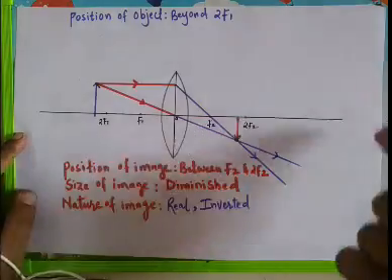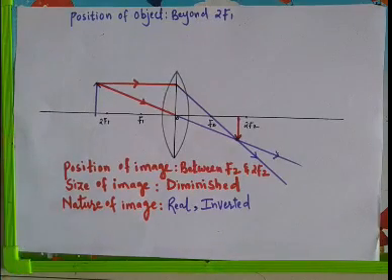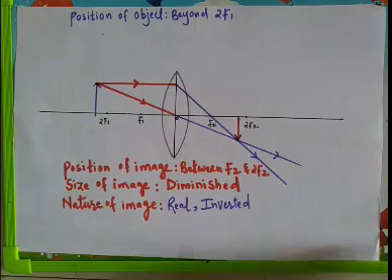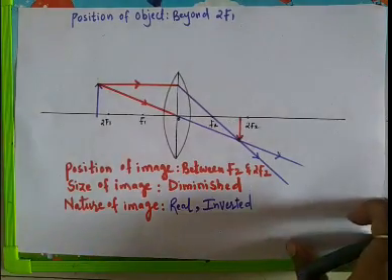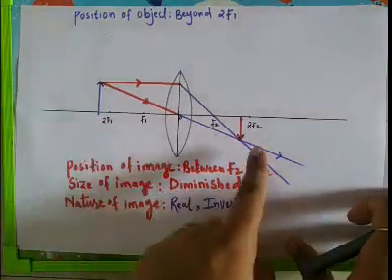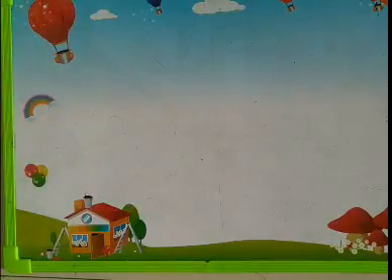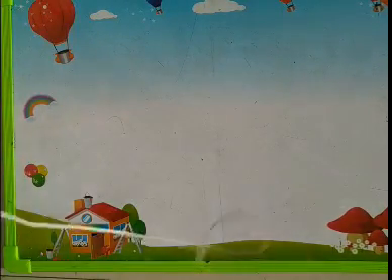But if one is above and one is below the principal axis, then it would be inverted image. So this is the first case we have done. When we keep the object beyond 2F1, image would form between F2 and 2F2. Now let's take the next case.